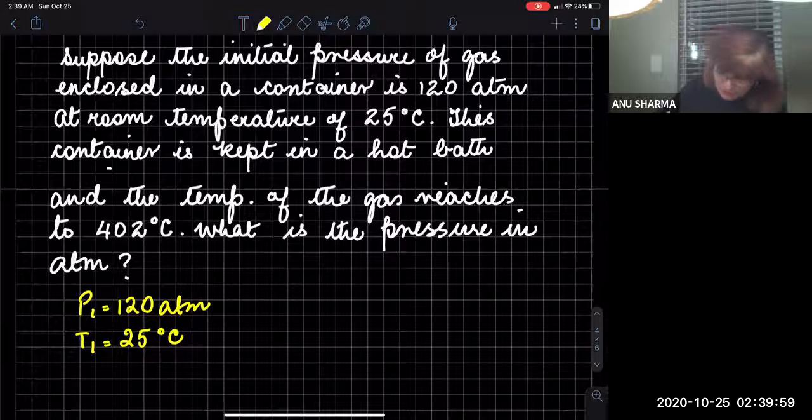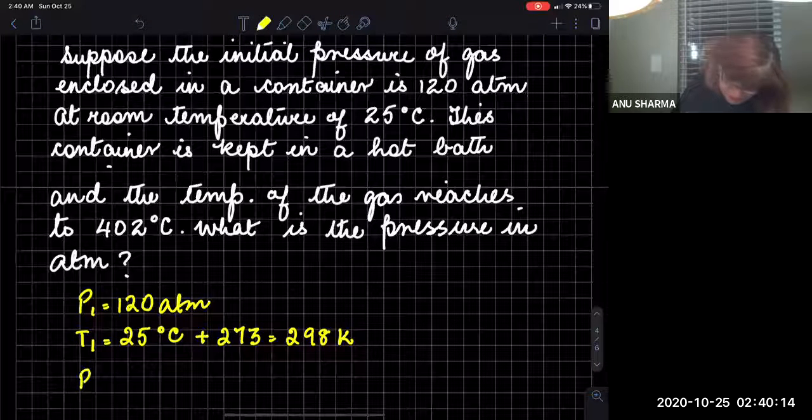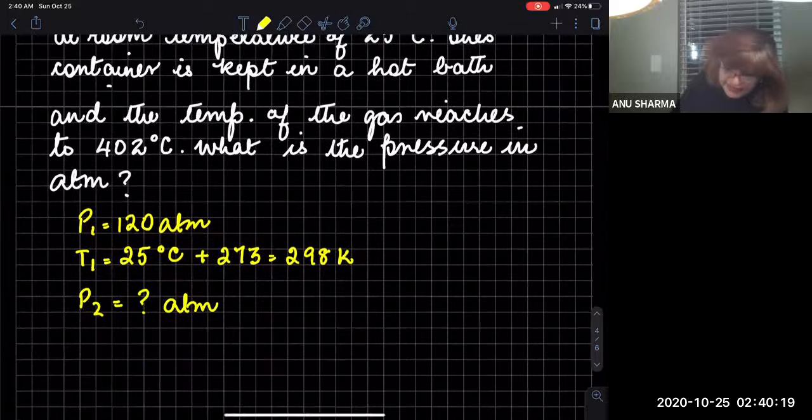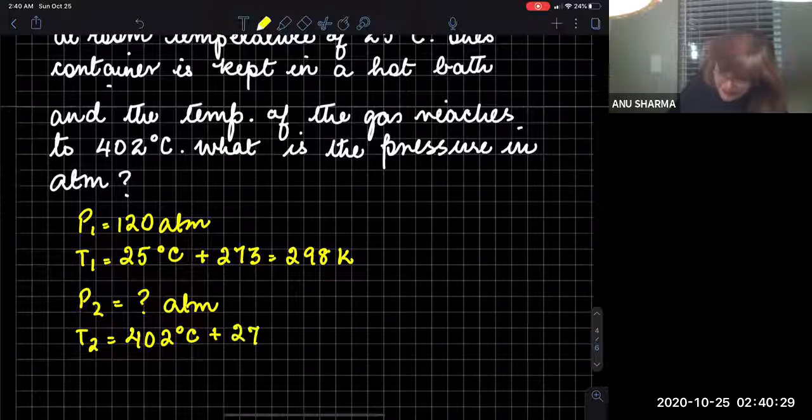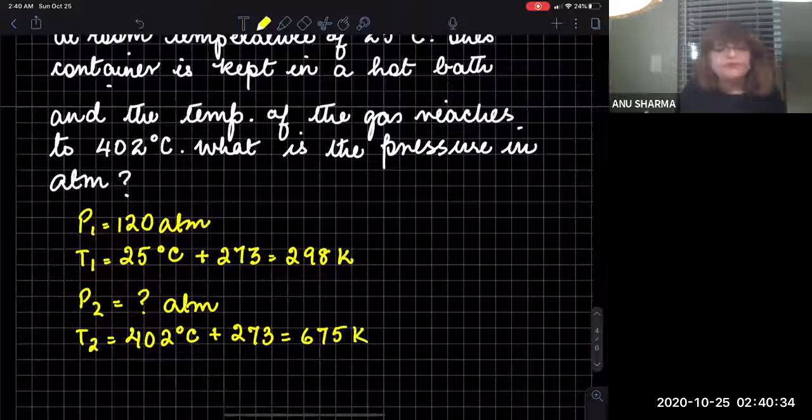So 25 degrees Celsius plus 273 gives you 298 K. Next is our next pressure, P2. This is the one that we have to find, in atmosphere. Let's convert the T2 value, which is 402 degrees Celsius, to Kelvin by adding 273, and this comes out to be 675 Kelvin.